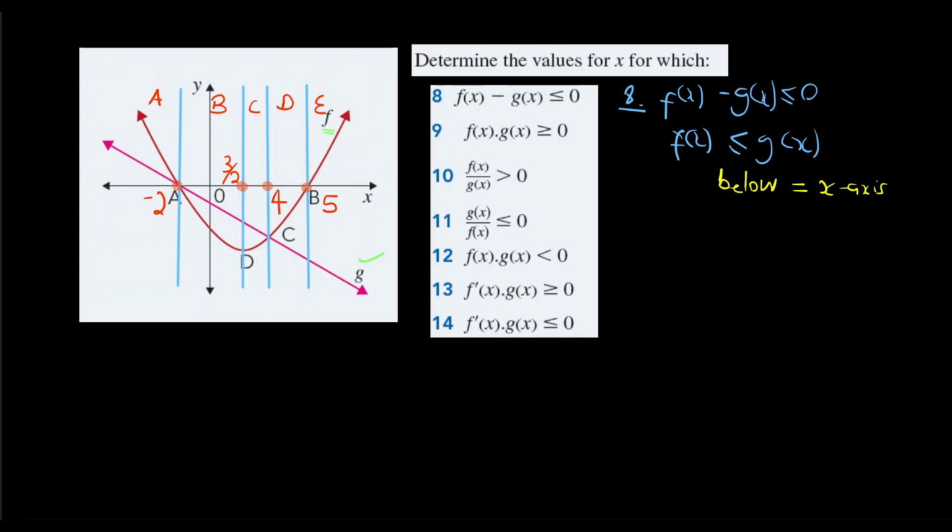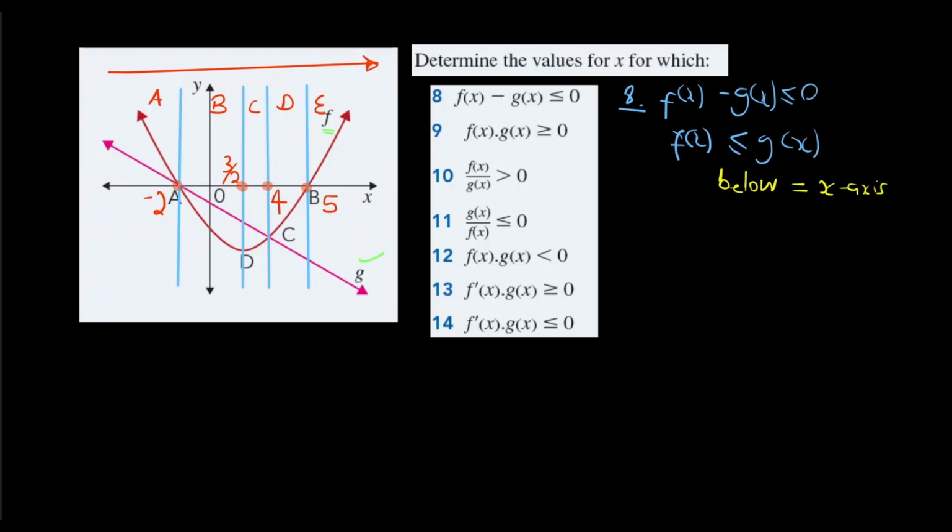Remember, we said in the last video that we always interpret our graphs from the left hand side to the right hand side. In area A, you can see that the parabola is above and the straight line is below, but at -2, where x is -2, these graphs are equal.